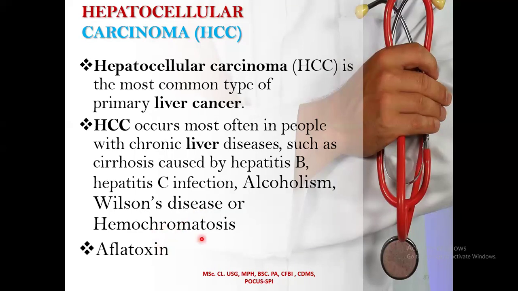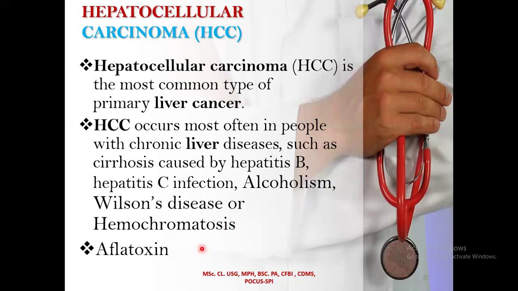Then we have hemochromatosis, accumulation of excess iron in the liver, and that one too, when iron is in excess, definitely it will generate inflammatory mediators, and there will be inflammatory reactions, and that will cause cells to die and try to recover, forming scars, and that scar will continue to form the cirrhosis.